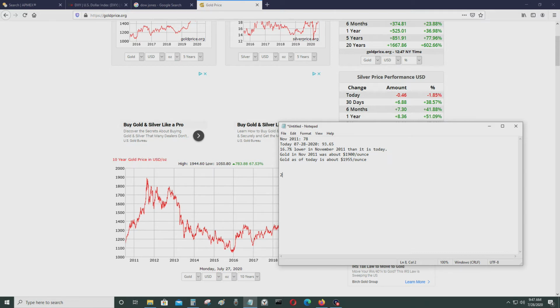November 2011 was $1,900. Dollar index was 78. Price of gold was $1,900 per ounce. That is equal to, today the dollar index is 93.65, divided, and we're trying to solve for x.